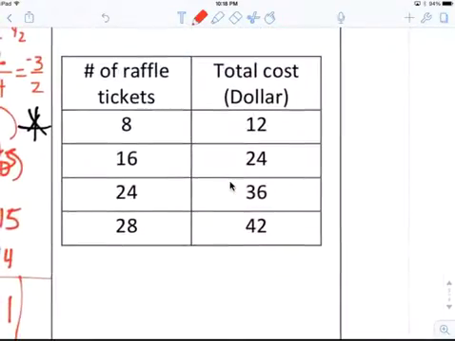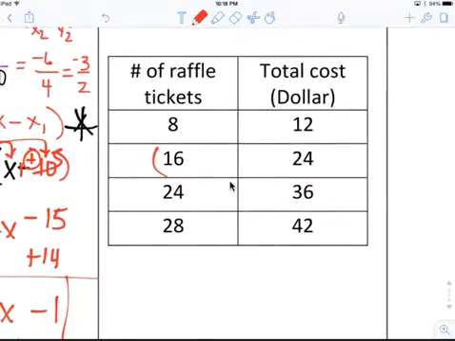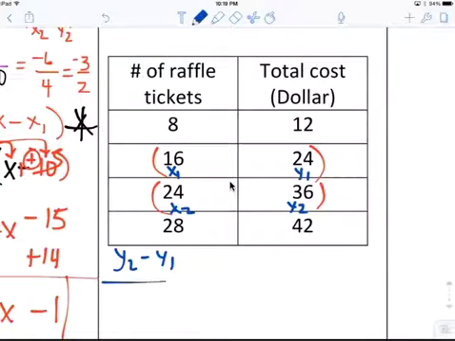Same thing, you just pick 2 points here. Let's say I pick these 2 points. You can pick any points, right? Your answer will come out exactly the same as mine. Okay? x1, y1, x2, y2. I got y2 minus y1 over x2 minus x1.